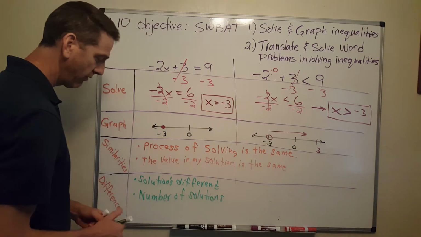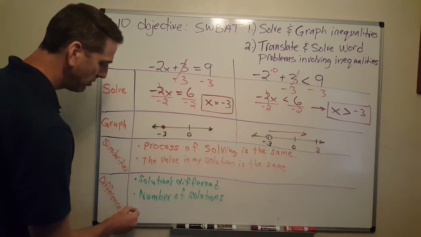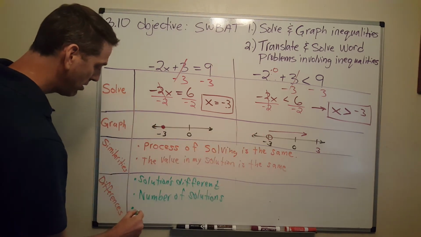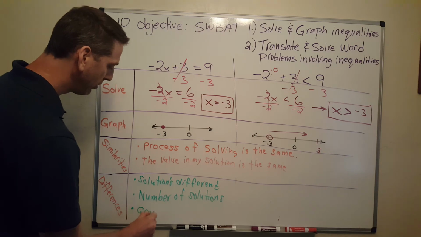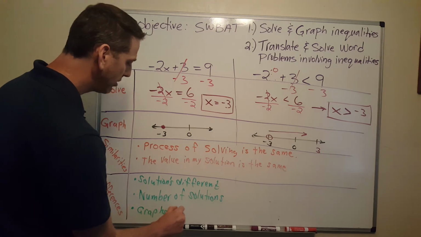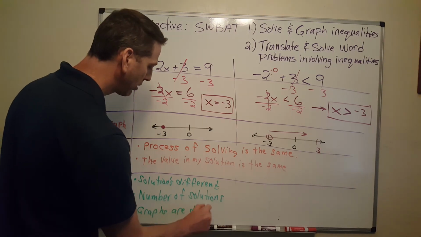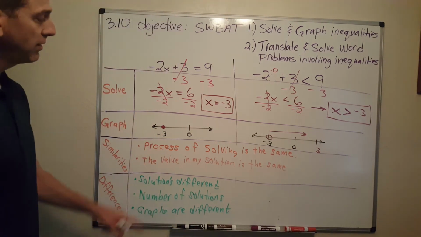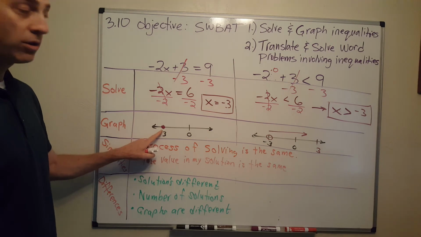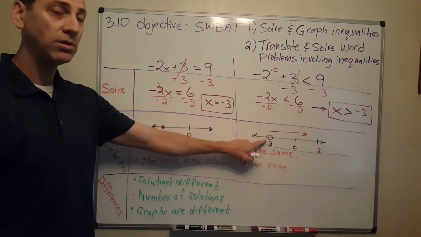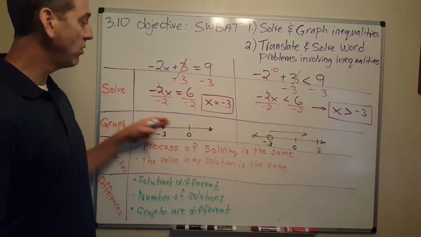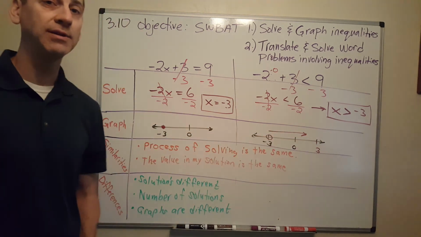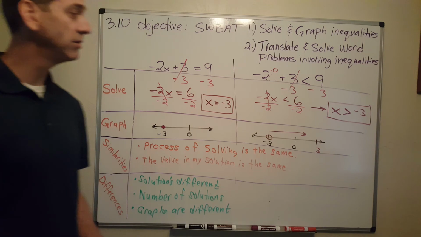Can you think of another difference? Well, how about their graphs? The graphs are different. As you can see, this one has a closed circle, that one has an open circle. This one has no arrow going anywhere. This one shows an arrow because it has multiple solutions.